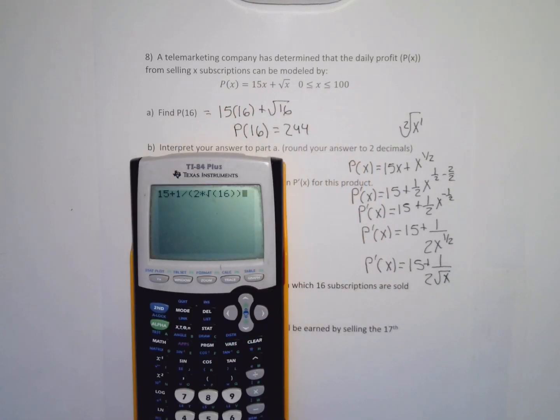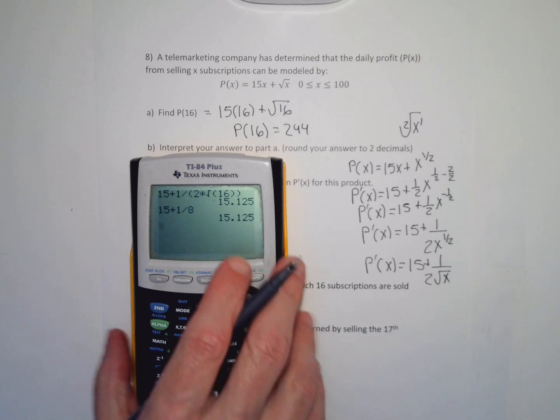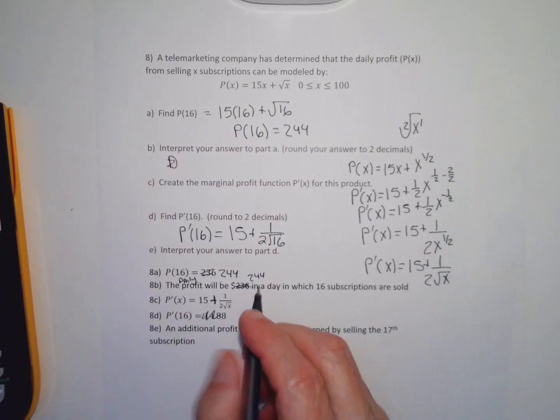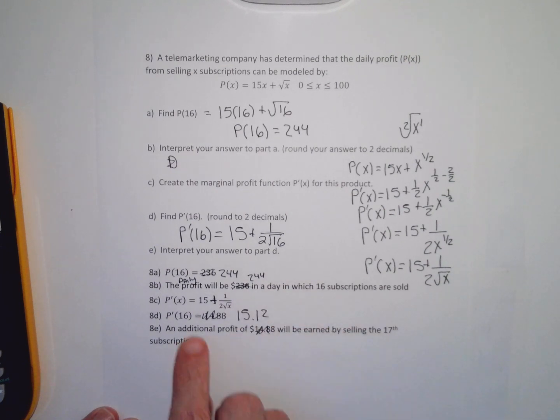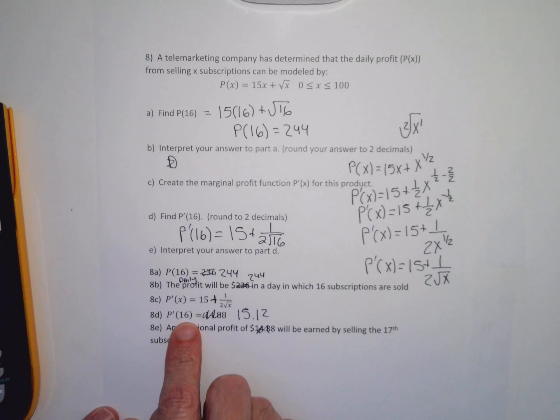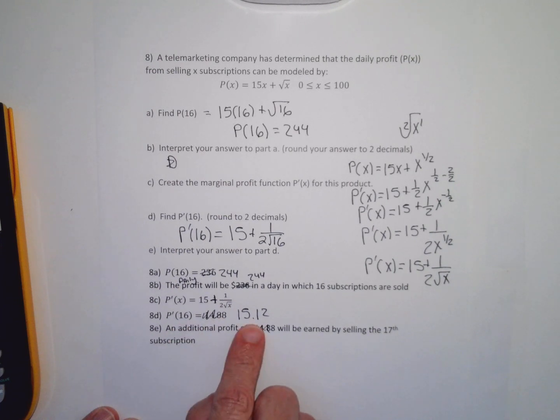Otherwise, I might get something wrong. It's going to be 1 over 8, because the square root of 16 is 4, and 2 times 4 is 8. Let me make sure 15 plus 1 over 8 is the same, and it is. Should round to 2 decimals, so I'm going to do 15.12 for my answer to part D. So the marginal profit for selling 16 subscriptions in a day is $15.12.